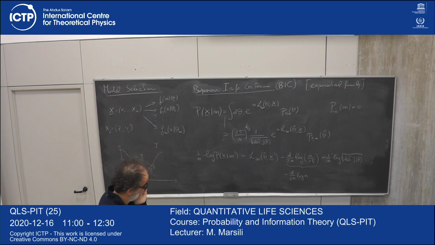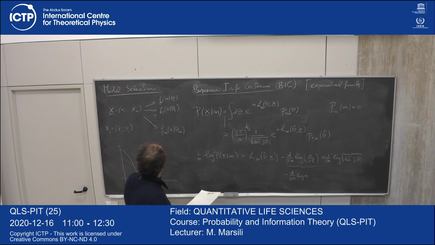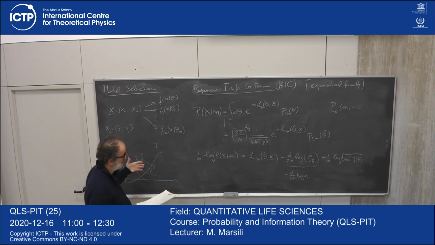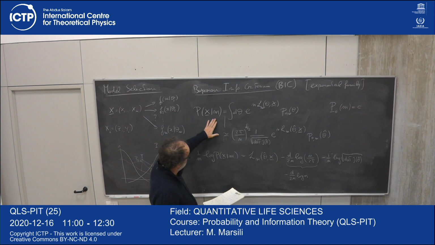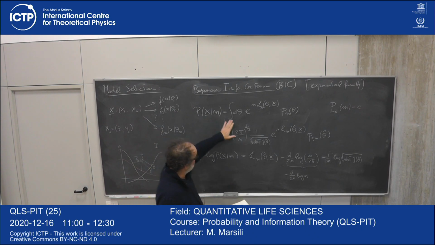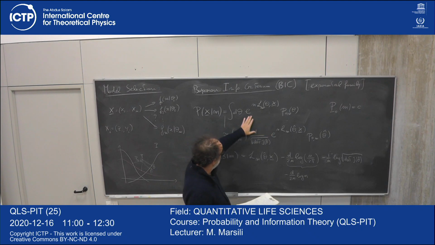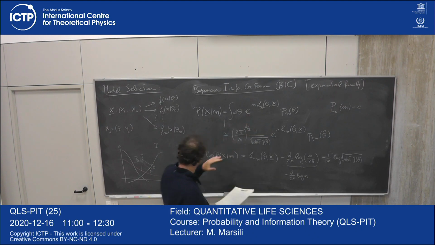And this is because the argument that you make is a different one. Here, let's say, what we do is a Bayesian argument, where we take the expected value of the likelihood itself.